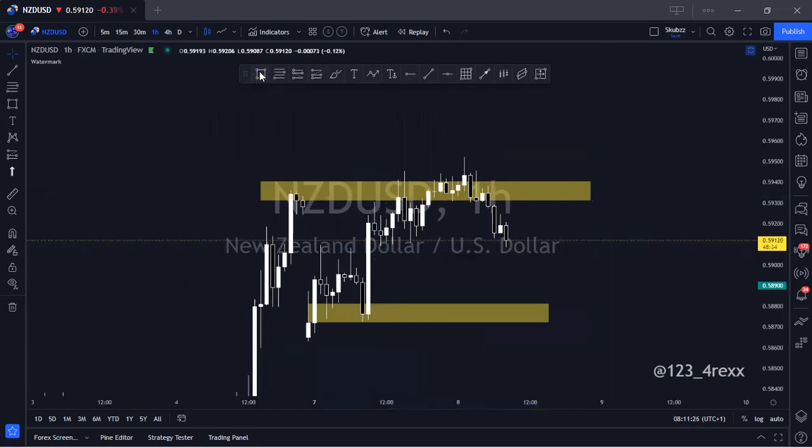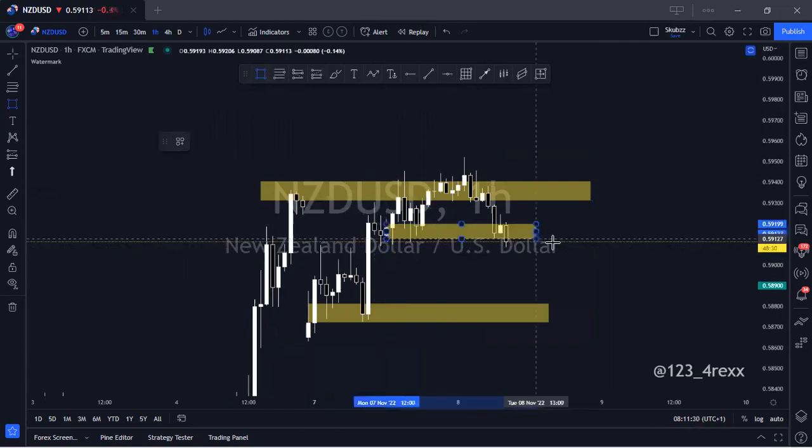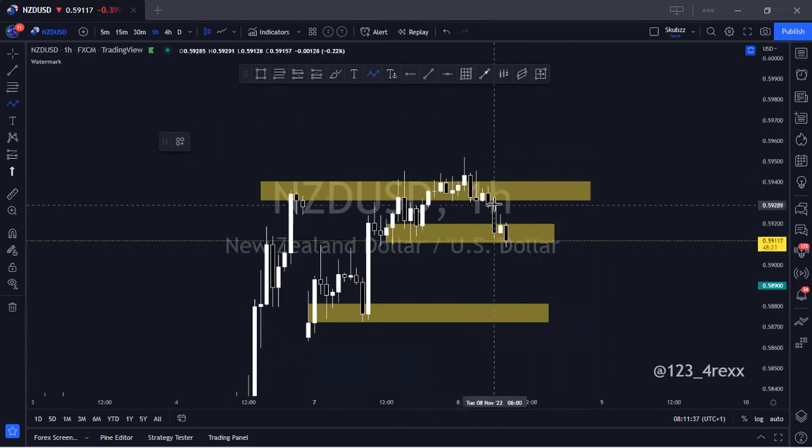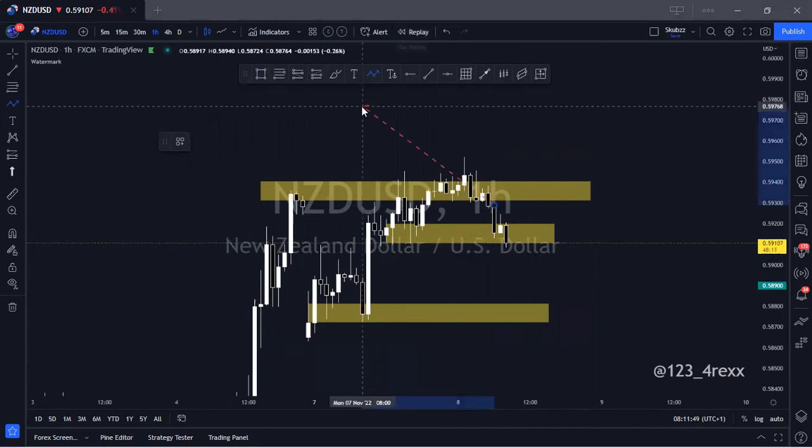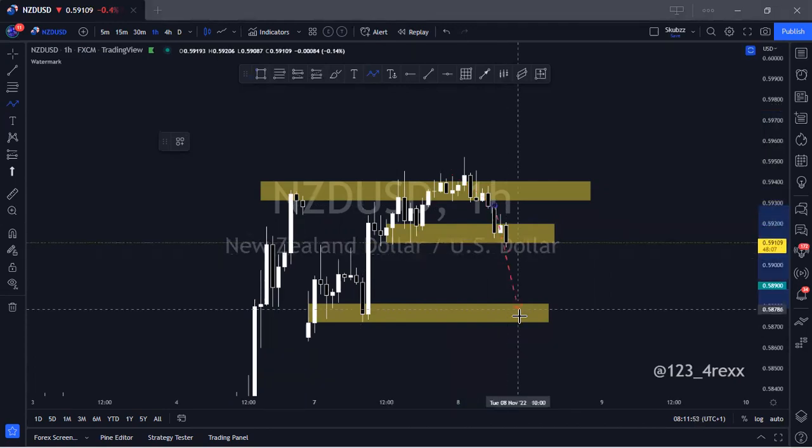But then if you look here, we have this level here, but I don't want to hold that level because it's not that clear on the 1H. Do you get? I don't want a situation where we have a tap here and then we come back here and we're looking for a retest, and then some people jump on it aggressively and then it takes all out.